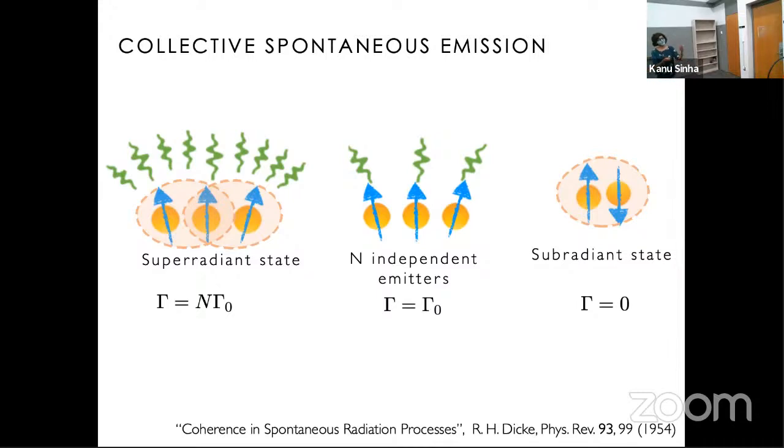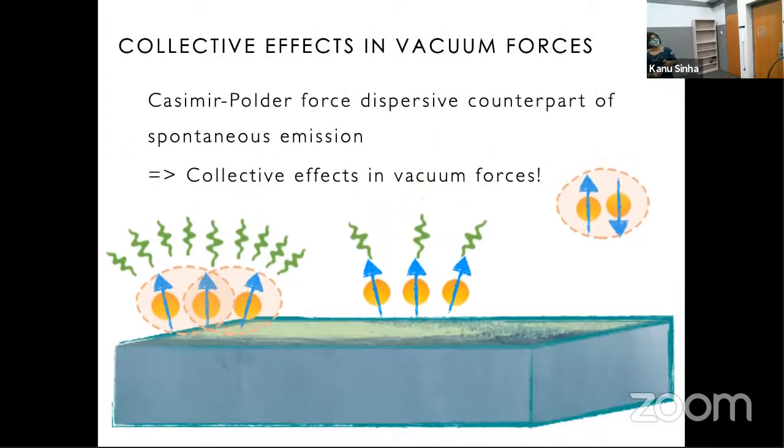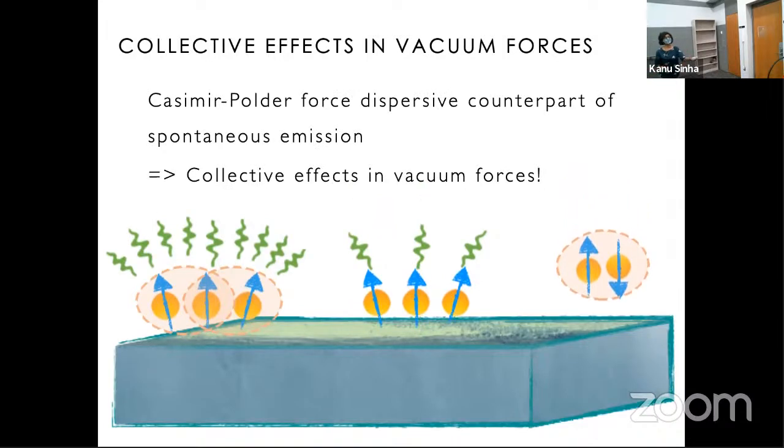Now, what if we take these collective states and put them near a surface? One can then imagine that the vacuum forces, being the dispersive counterpart of spontaneous emission, would show a similar analogous effect as well. So that's the intuition that we start with.